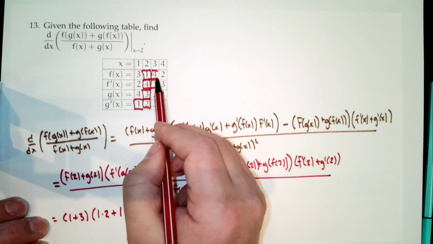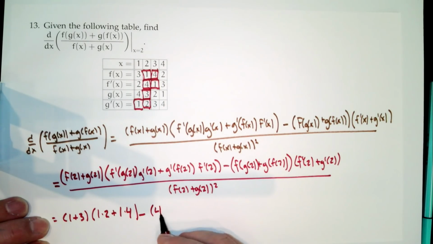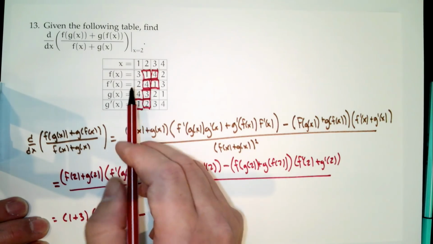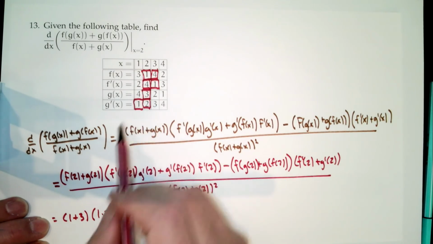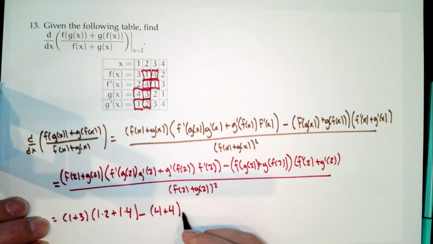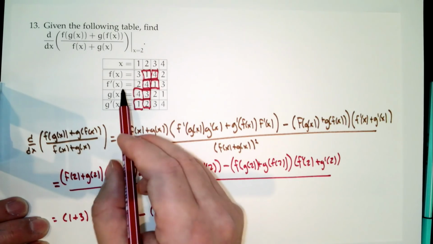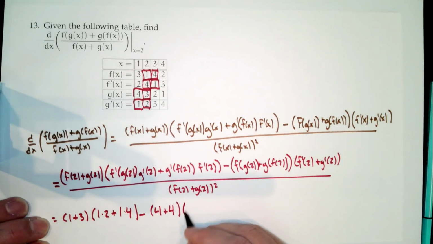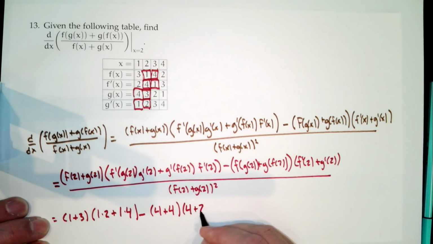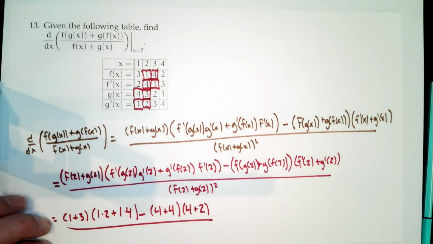It's 4. So I have 4 plus g of f of 2. Well, f of 2 is 1, and g of 1 is also 4. So plus 4. Then f prime of 2 is 4, and g prime of 2 is 2. All that divided by f of 2 plus g of 2, which is 1 plus 3 squared.